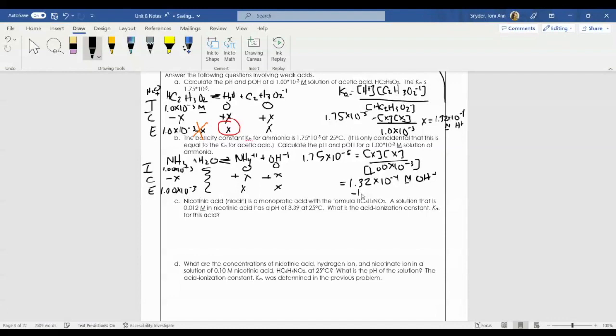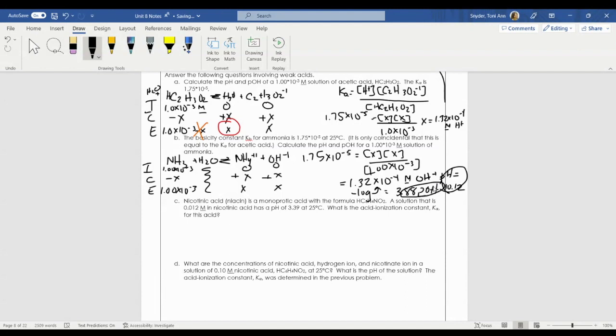Because if I take the negative log of this number, right, I'm going to get a value of 3.88. But that's not the pH in this case, because I took the negative log of the hydroxide ion concentration. So 3.88 is my pOH in this case. My pH, which is 14 minus 3.88, gives me 10.2.